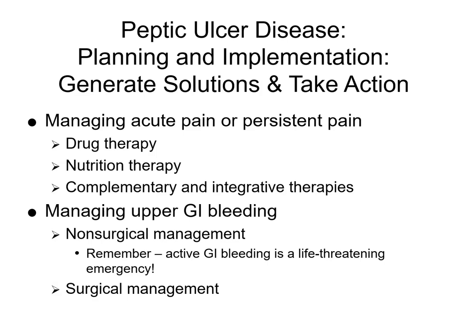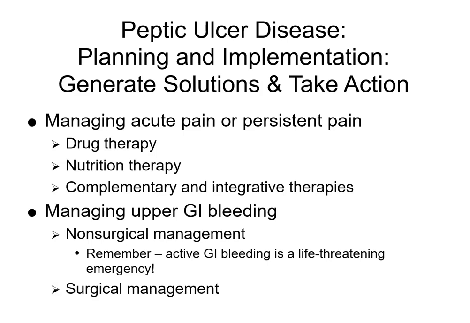Okay, I do want you to look on page 1104. There's a self-management education. Do you see what you would teach the patient with peptic ulcer disease, the home care considerations? It's everything that we've talked about.